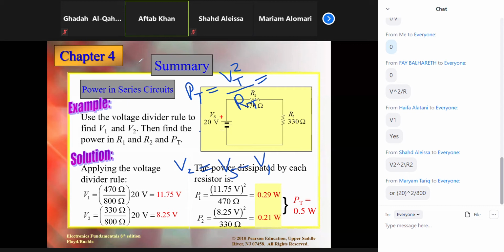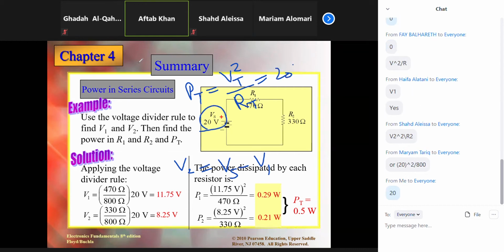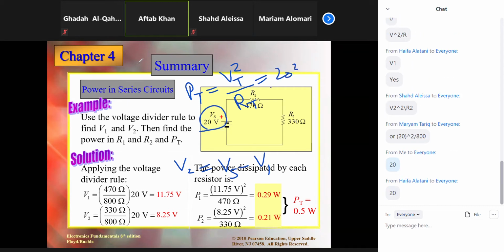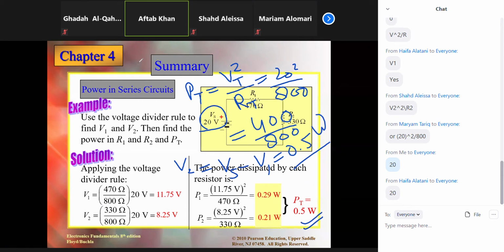VT is basically the source, which is 20, so 20 squared over 800. If you solve it, 20 squared is 400 over 800, which is 0.5 watt. So either you sum the individual parts or you calculate it directly, the value is going to be the same.